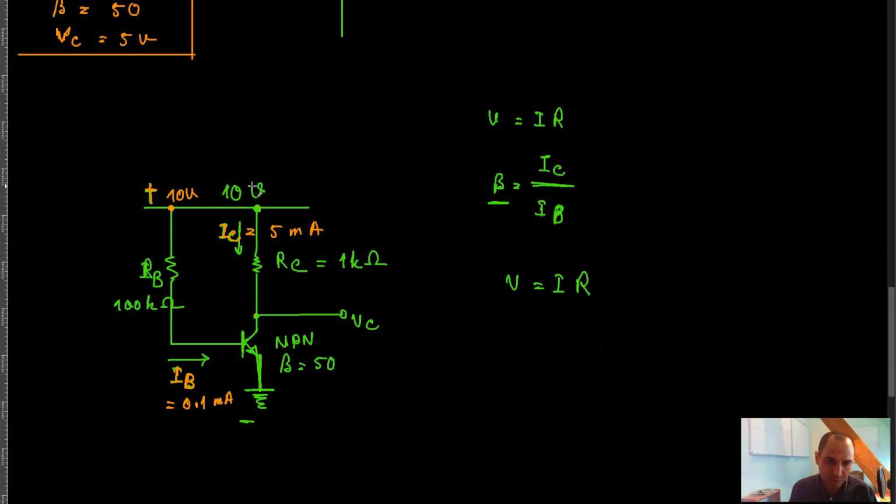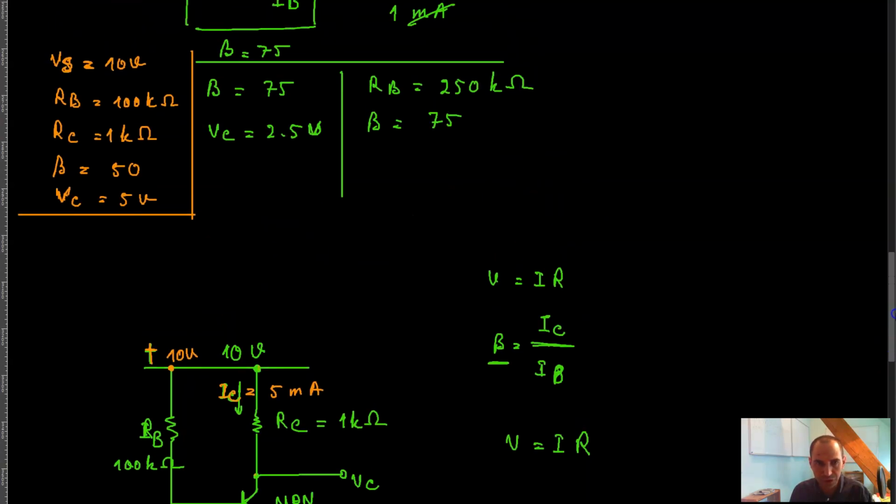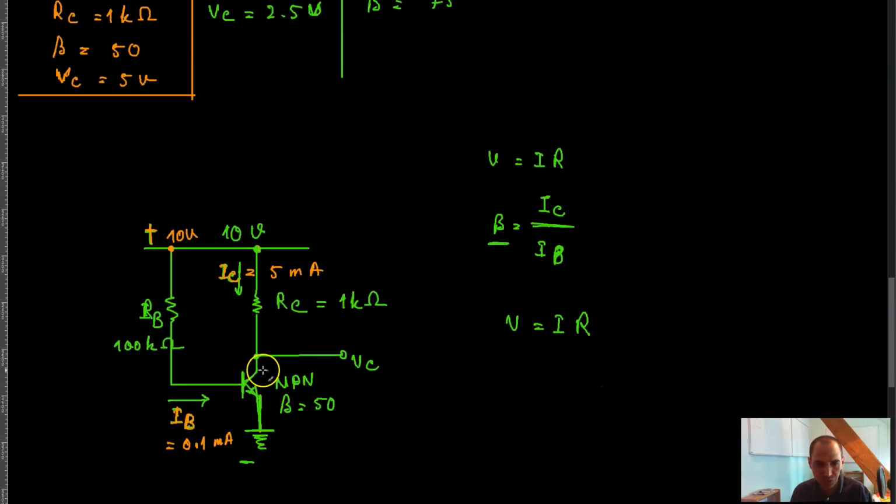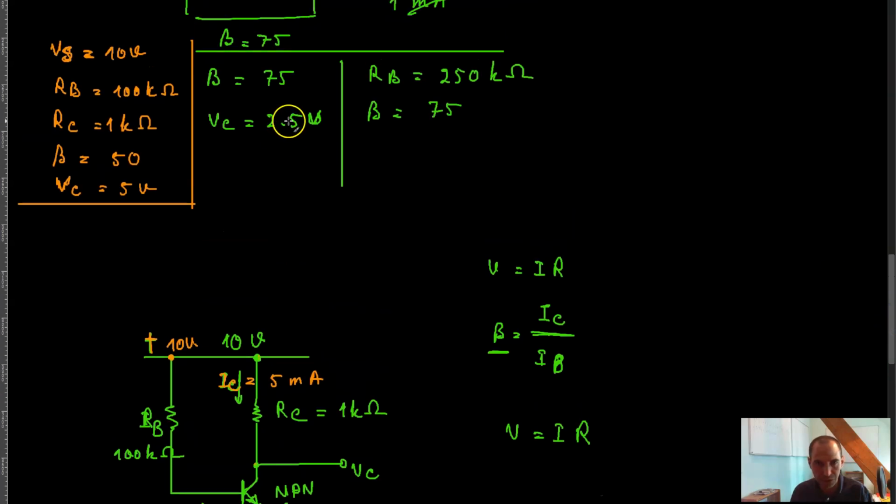So now what that means is that you are going to end up with more or less the same 5-volt voltage that you had here, because on the one hand you are increasing the beta, and by increasing the beta you will get less voltage over here as V of C, right? As we saw over here.